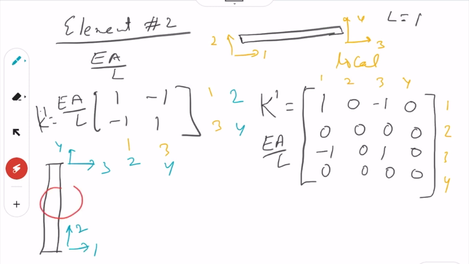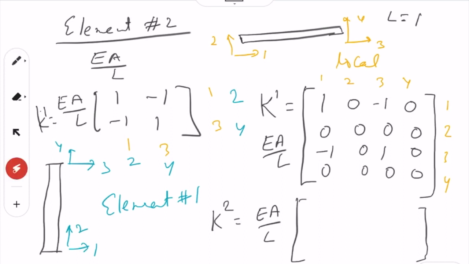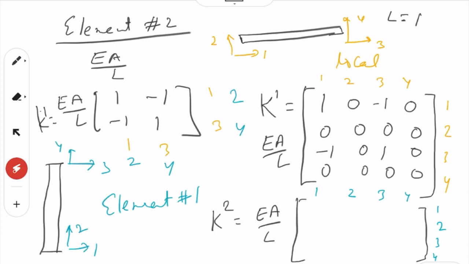So for this one, which is element number 1, we will have a different k, and we will have K2 equal to EA over L. How will you write it? We have 1, 2, 3, 4 and 1, 2, 3, 4. Here we have 2 2, which is 1, so we write 2 2 1, then 4 4 1.